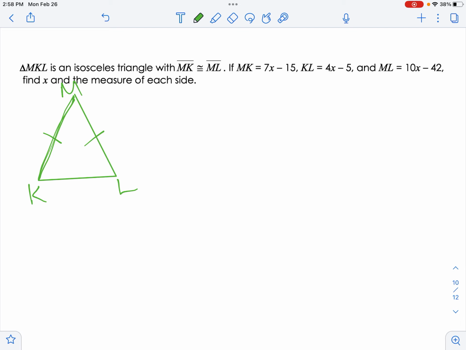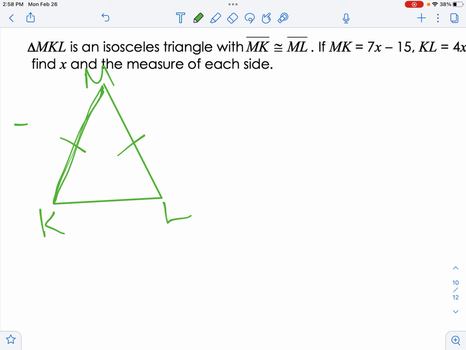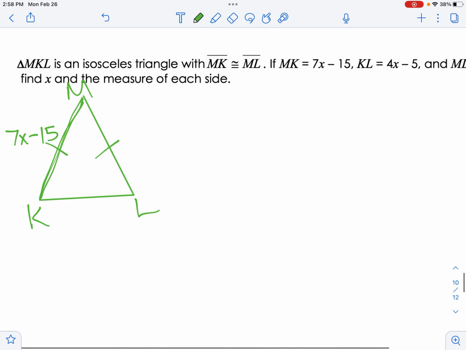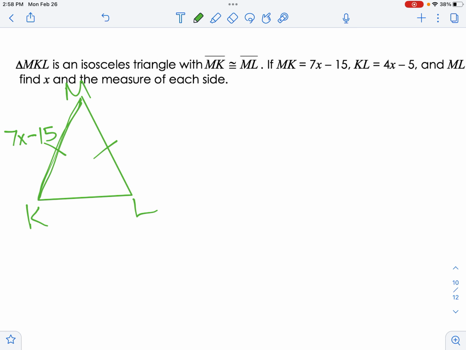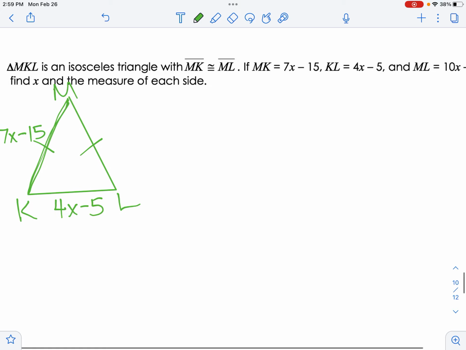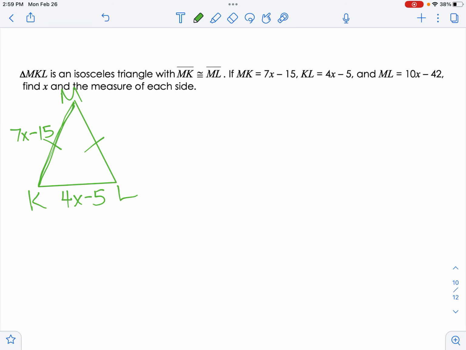Now I also know that MK is 7x minus 15. And then KL is 4x minus 5. And then lastly, ML is 10x minus 42.